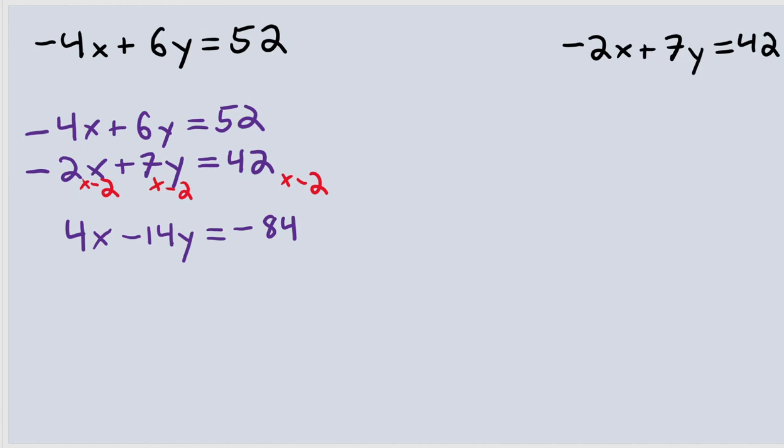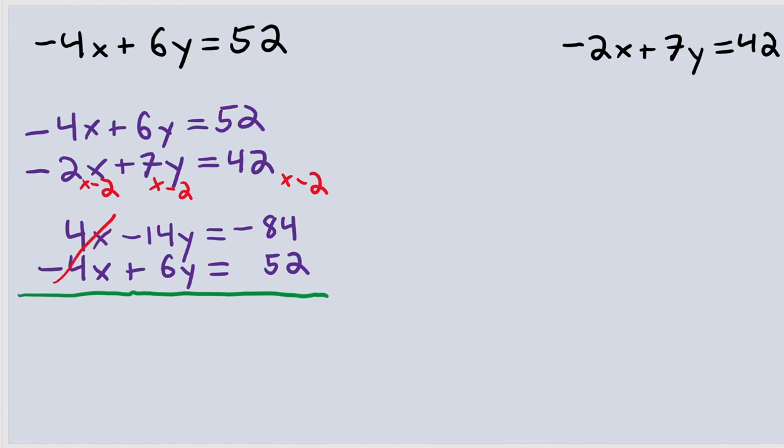Perfect. Now let me just go ahead and take that initial equation I had up here, the one that I haven't touched, and I'm going to write it out below. So I have minus 4x plus 6y equals 52. Now, if I treat these like a big addition problem, things start to make sense. 4x minus 4x, well, these cancel out.